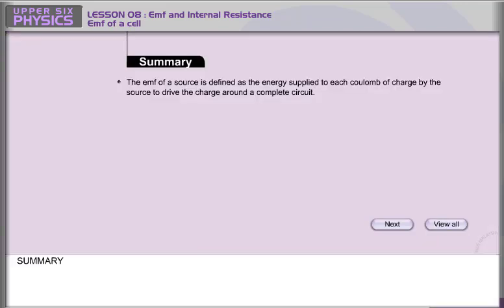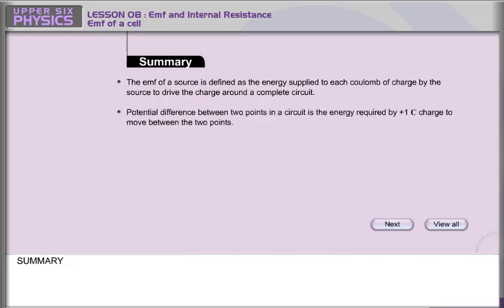Summary: the EMF of a source is defined as the energy supplied to each coulomb of charge by the source to drive the charge around a complete circuit. Potential difference between 2 points in a circuit is the energy required by 1 coulomb of charge to move between the 2 points.